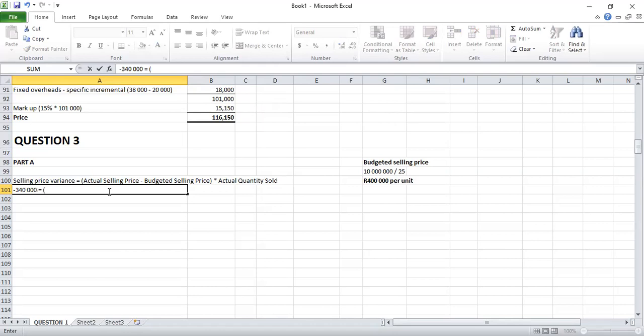Actual selling price is what we're looking for. We can call it X. Then minus the budgeted selling price, which is 400,000, times the actual units, which we were told in the additional information is 24.